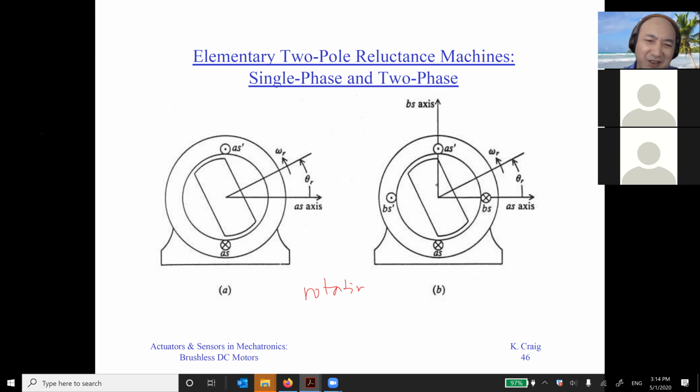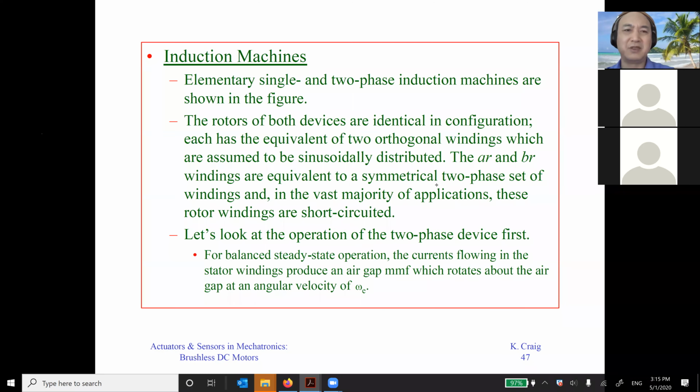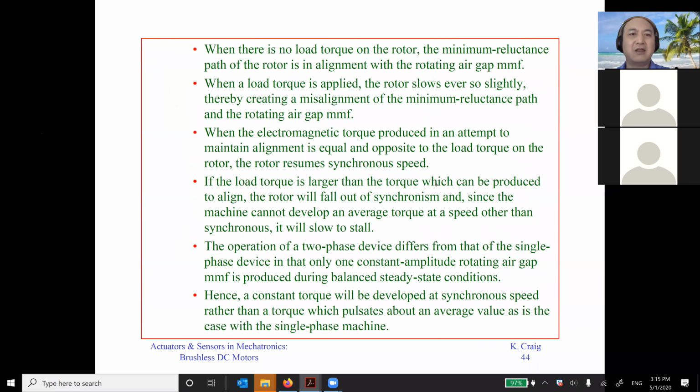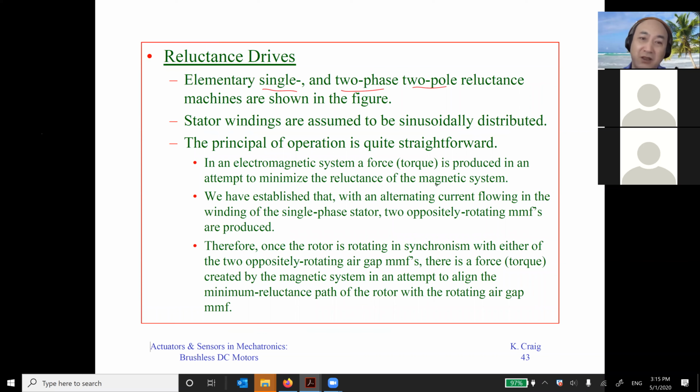So I assume that you acknowledge that there's a rotating magnetic field going on. You don't see it, but that rotating magnetic field will start to drag the rotor to rotate. How do you generate those rotating magnetic fields? Because the windings are sinusoidally distributed, it will generate that way. So the principle of operation is like this.